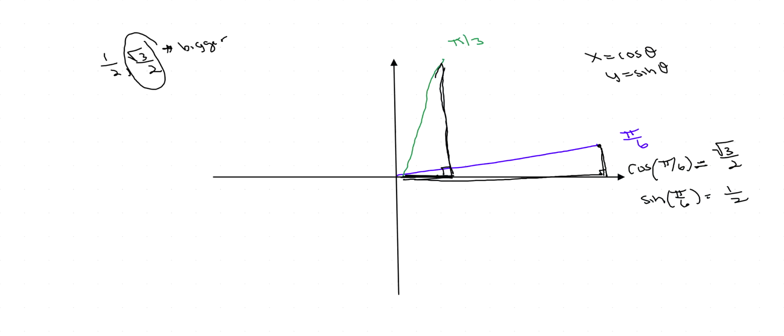You can see from the picture that the x value is smaller, the y value is bigger, so sine's going to be the bigger one over here. So sine of pi over 3 is going to be the larger one, which is square root of 3 over 2, and cosine of pi over 3 is going to be 1/2.